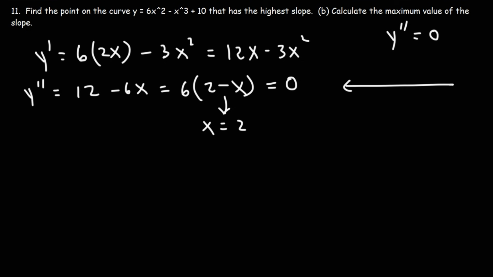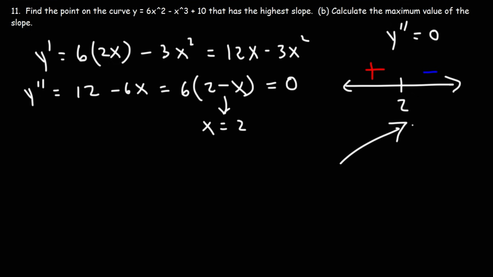Now let's make a number line. So 2 is the critical point for the first derivative. If we were to plug in 3 into this function, 2 minus 3 will give us a negative value. If we were to plug in 1, 2 minus 1 will give us a positive value. So to the left of 2, the function is rising.